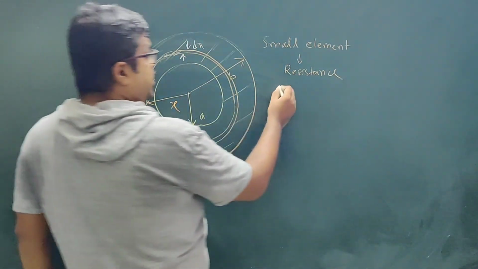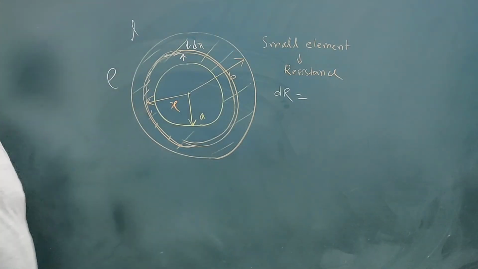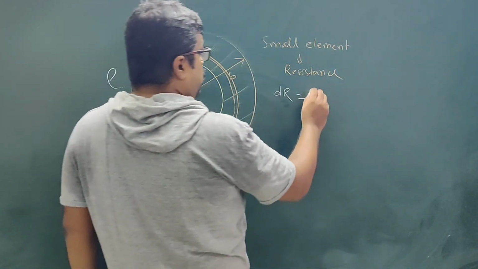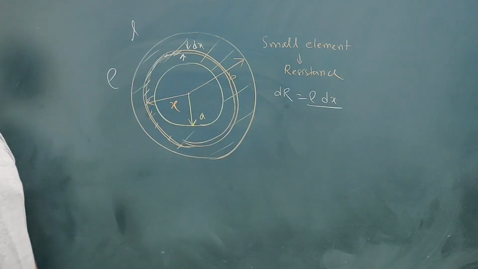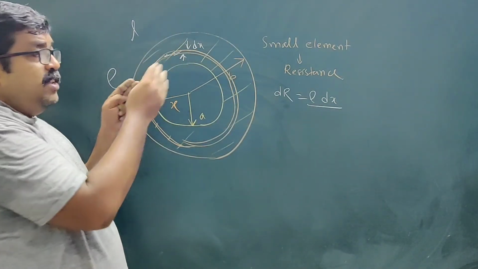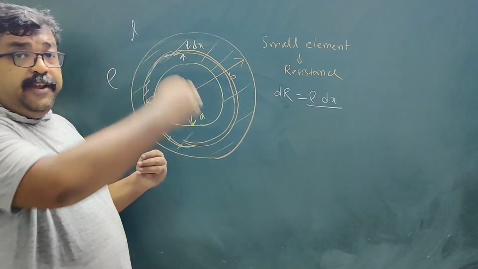Can we write the resistance dr as, if rho is the resistivity, dr equal to rho dx divided by area? It is traveling through length dx. So what will be the total area?